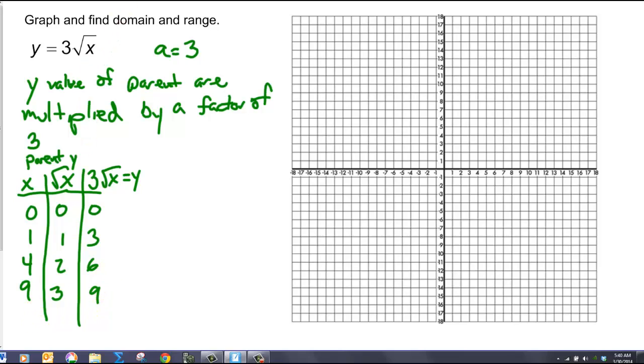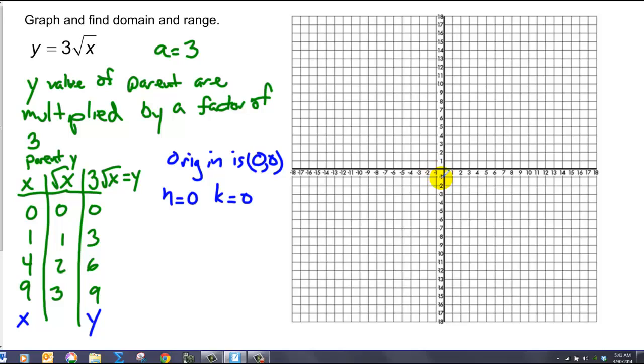So what happens now is I've created a new table such that these are still my x values, and these are my y values that I'm graphing from my translated origin. I have no translated origin. My origin is 0, 0 because there's h value equal to 0 and k value equal to 0.